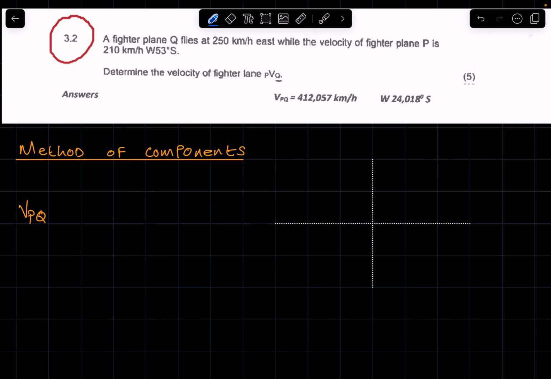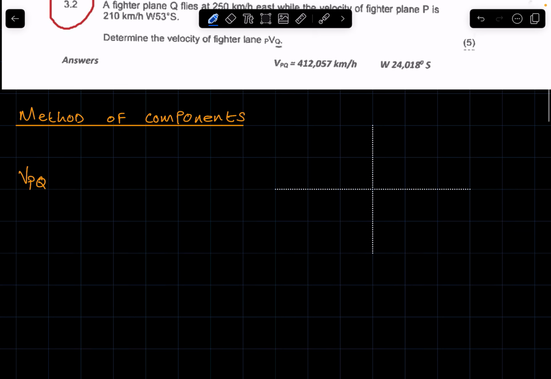So this angle being referenced from the x-axis, it means this is going west, 53 degrees, essentially this is what it means. If you can put it like this, it is going west, 53 degrees south. So we are headed south. It's going west, but 53 degrees south.